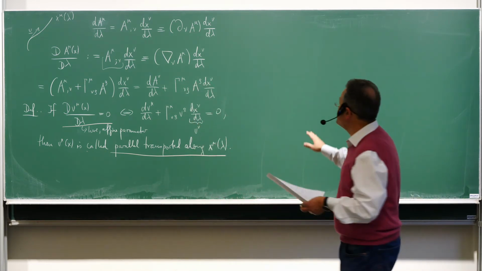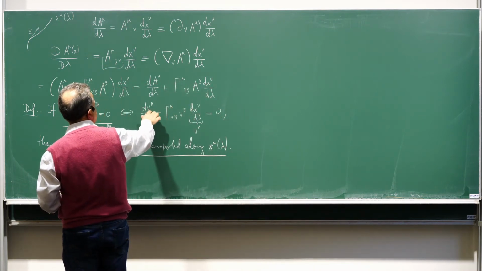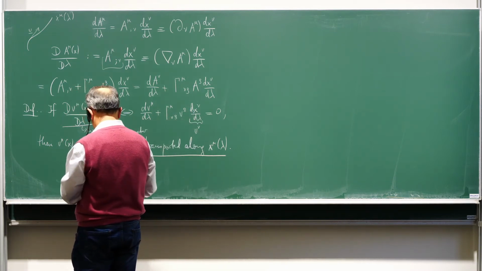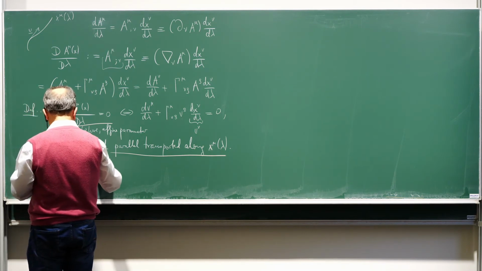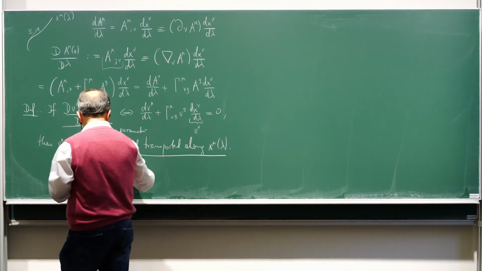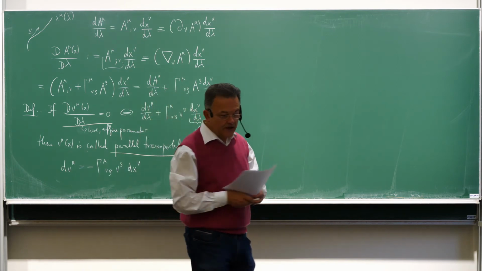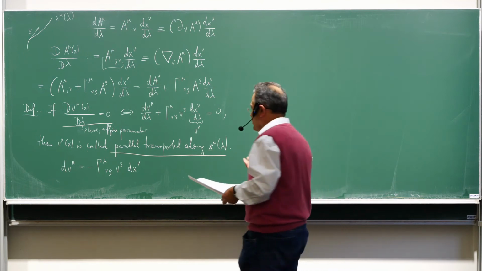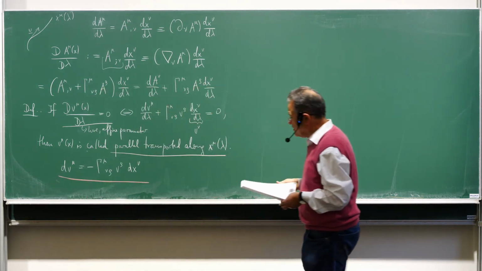So infinitesimally from this, you see then that dv mu is minus gamma v times dx. So we can write it infinitesimally as dv mu equals minus gamma mu nu rho v rho dx nu. And this gives you another interpretation of the gamma, which so far you have learned appears in the geodesic equation, and this will play a role in a minute.